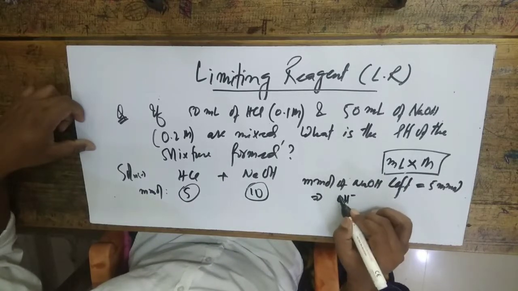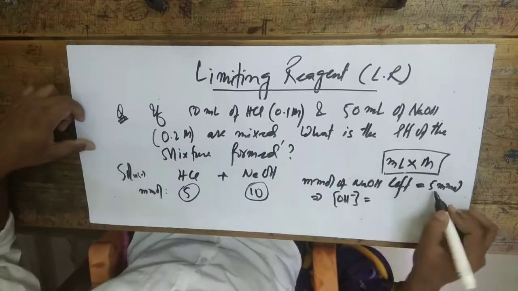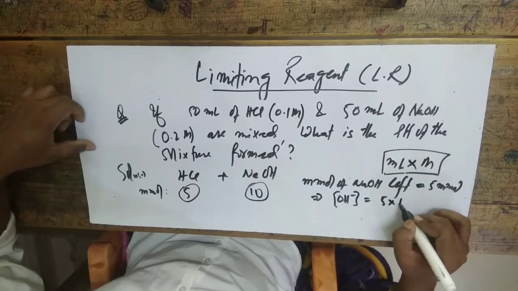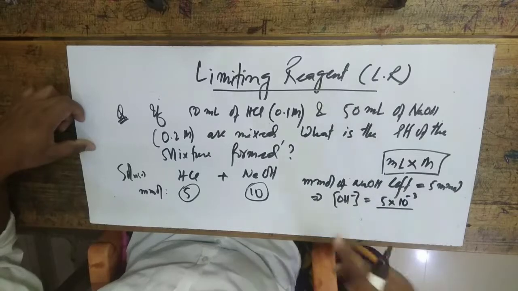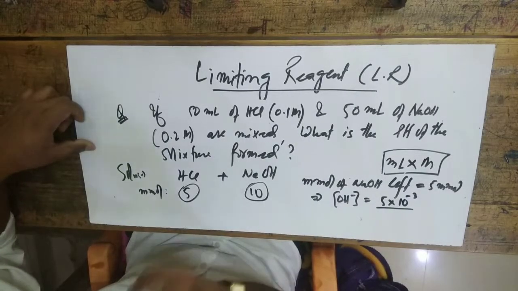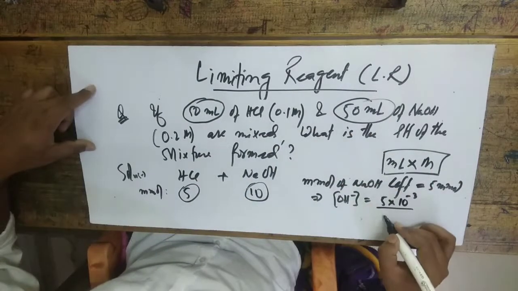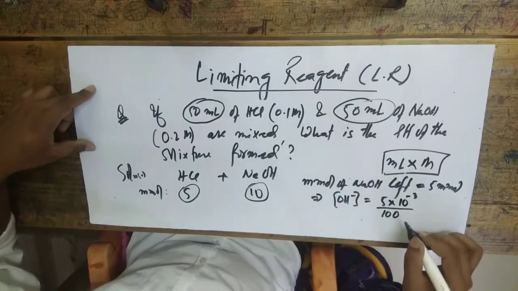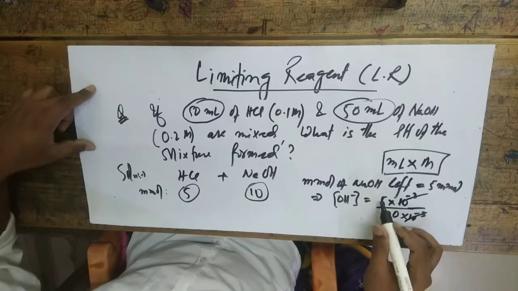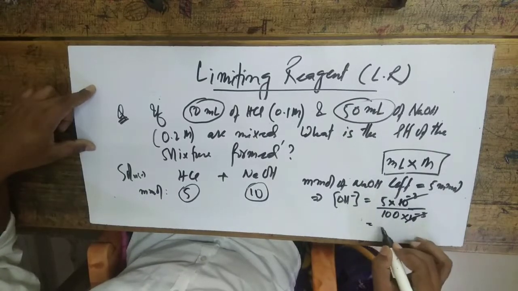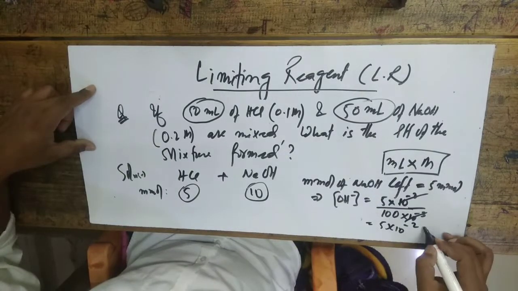This implies the OH minus ion concentration is 5 into 10 to the power minus 3 mole divided by the volume of the solution in liter. The volume of the solution will be obtained by adding 50 ml and 50 ml, that is 100 ml, and in liter this is 10 to the power minus 1. So the OH minus concentration is 5 into 10 to the power minus 2 molar.